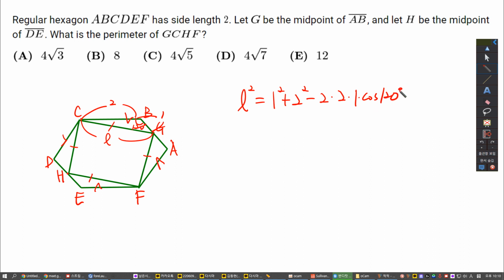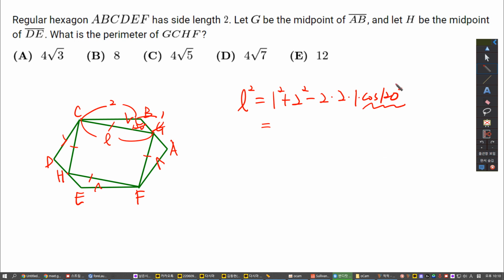Do you know the value of cosine 120 degrees? Wait. Great. What was sine 30 again?